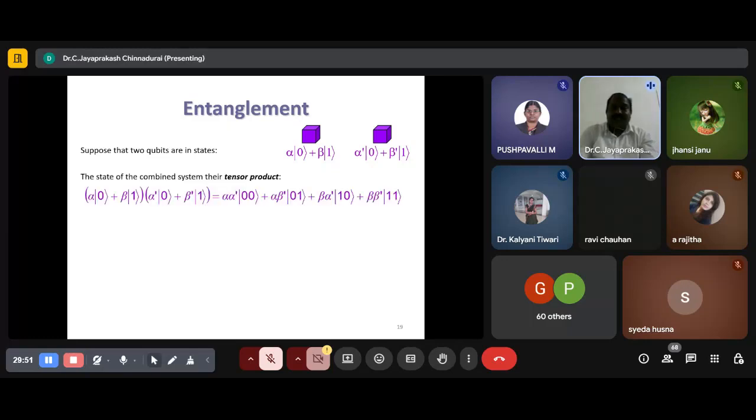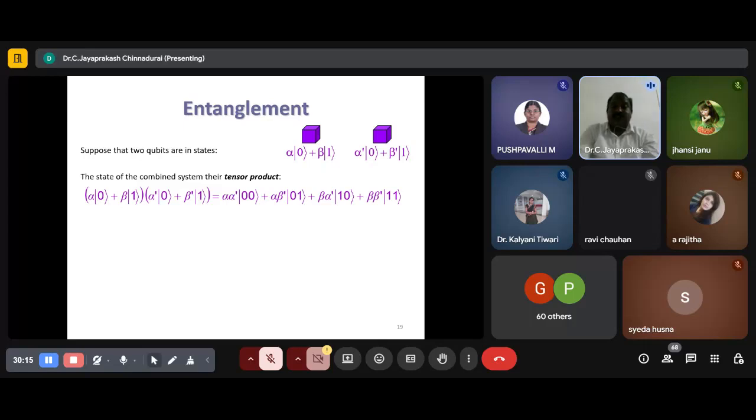See this, the state of the combined system is their tensor product: alpha ket 0 plus beta ket 1, multiplied by alpha dash ket 0 plus beta dash ket 1.